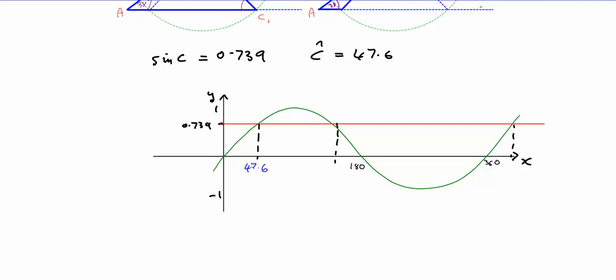47.6, and the second of the values, because of the symmetry, this value here will be 180 minus 47.6, and 180 minus 47.6 is 132.4.